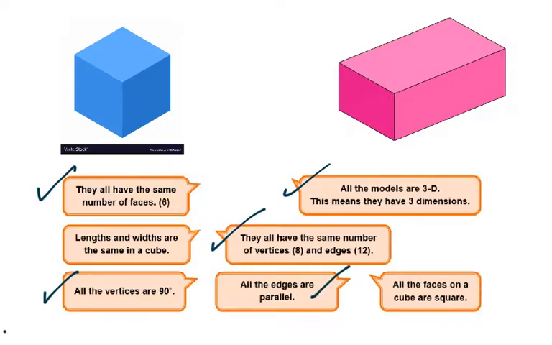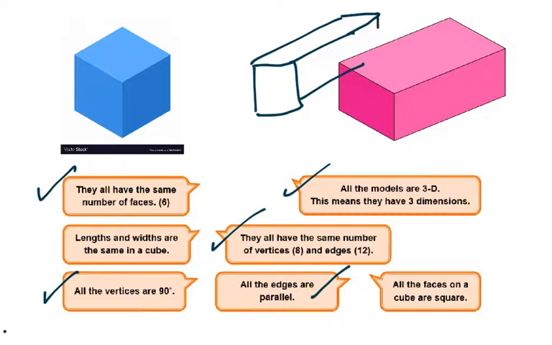All faces on a cube are square. Now this is where we start to get different. So on my cube, every single face is a square. They're both prisms, but on the cuboid, we've got rectangles. Sometimes you can have a cuboid that's got 2 squares and 4 rectangles.